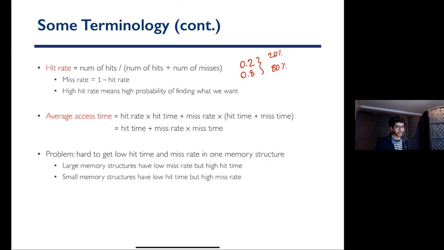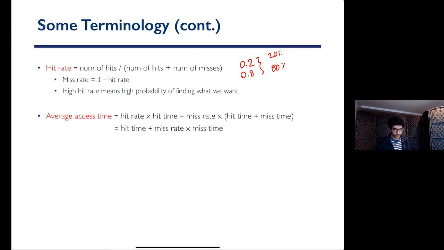Now, I can define average access time. For every access, how long does it take to get the data? Well, you're going to hit 20% of the time, with probability 0.2. You're going to hit, and you're going to pay hit time. Let's say 5 nanosecond in level 1 cache. With probability 0.8, you're going to miss.